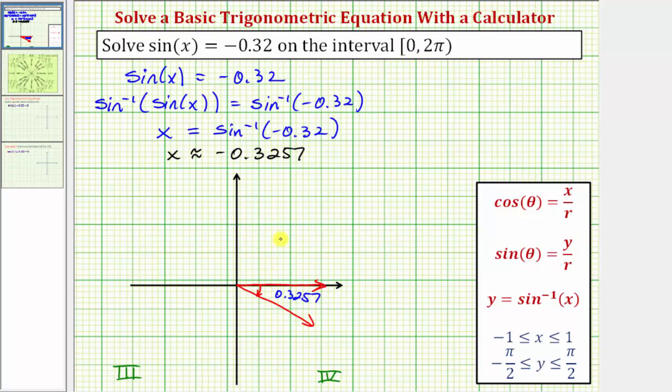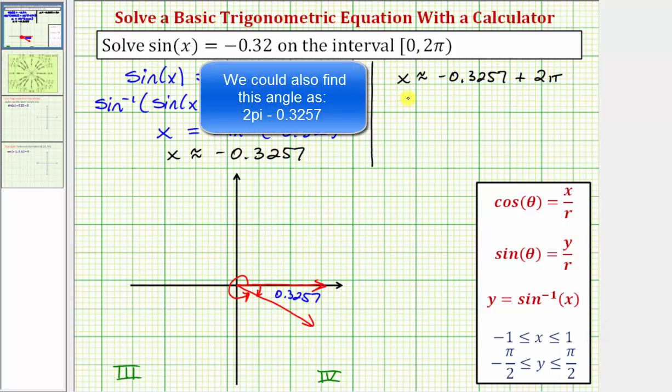The angle we're looking for in the fourth quadrant in this interval would be the angle formed by rotating from the initial side counterclockwise to here, which means one solution in the given interval would be x is approximately the angle given by the calculator of negative 0.3257 plus one full rotation counterclockwise, or plus 2 pi radians. Let's go ahead and find this value on the graphing calculator.